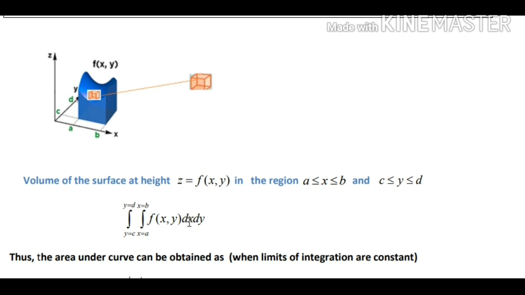So this is dx into dy into height dz, or here we have taken z as f(x,y). So this basically represents the volume of the cuboid, and if we sum up all such cuboids, then we find the volume of the whole surface. So that is given by double integration, where x varies from a to b and y varies from c to d.